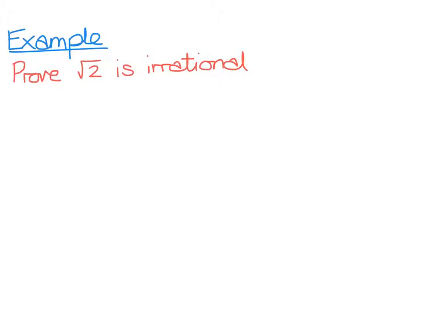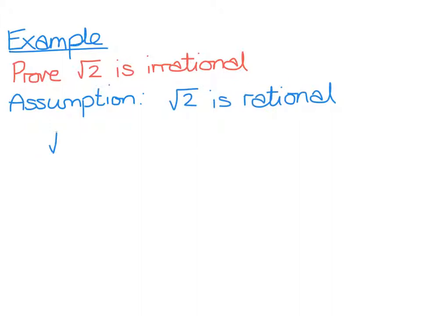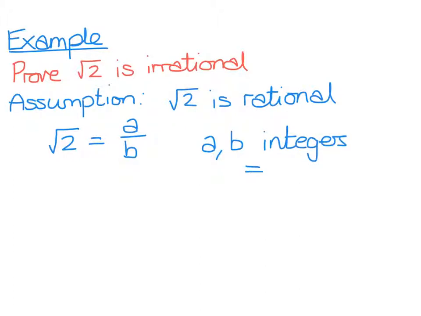Here I would like to prove that root 2 is irrational. So I will start with the assumption that root 2 is rational. So if root 2 is rational, what does that mean? Well, it means that we can write root 2 is equal to a over b, as any rational number can be written as a fraction. And here a and b are integers, and they do not equal 0.